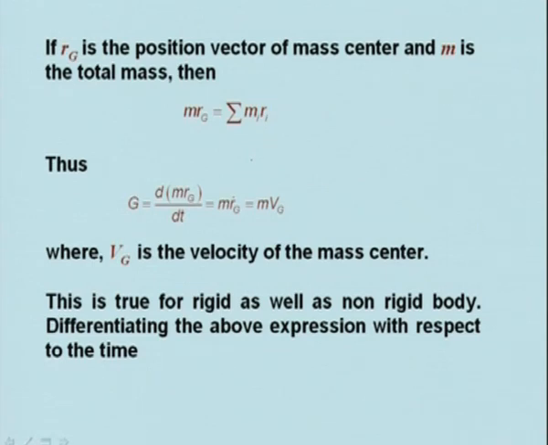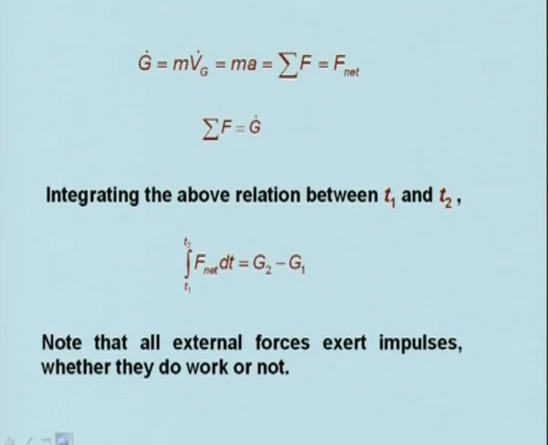Now if we differentiate this expression with respect to time, then we get g dot is equal to m v dot g, which is equal to m a, where a is the acceleration of the mass center, and this becomes sigma f, that is f net. So we get one relation: sigma f is equal to g dot.